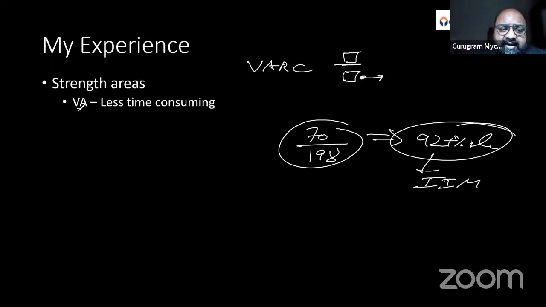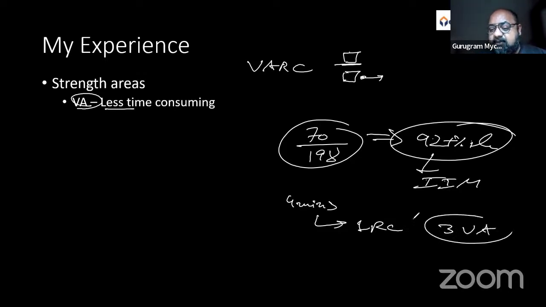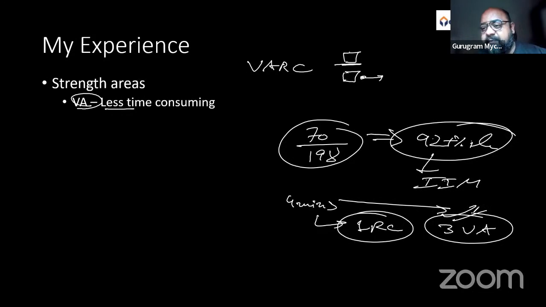And therefore I tended to go towards VA. The advantage with VA is it is less time consuming. If I have suppose 4 minutes left in the paper, right, in the VARC section, 36 minutes are gone. I have one RC left, and I have say 3 VA questions remaining. There is a possibility I might be able to pull this off.